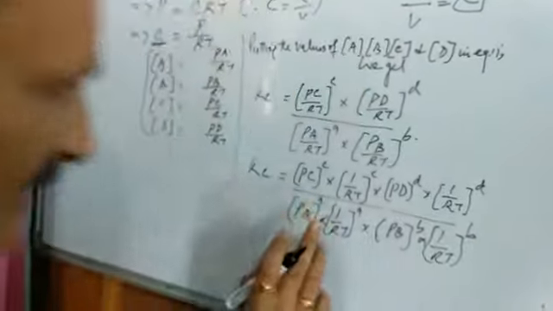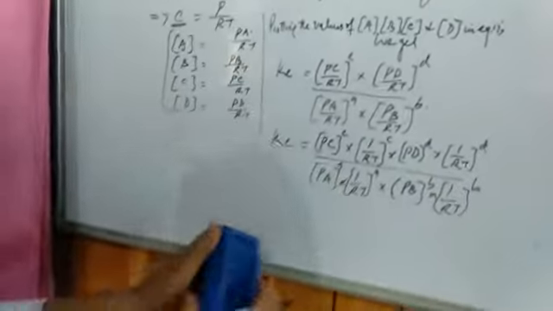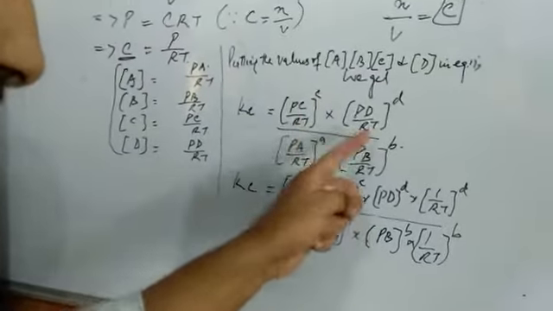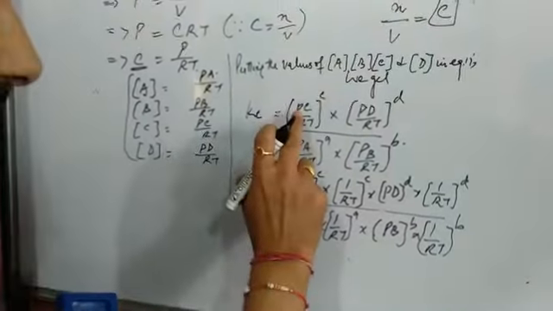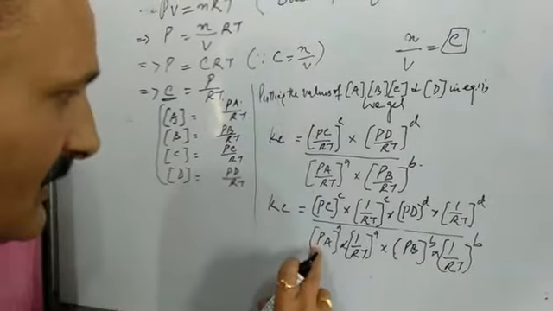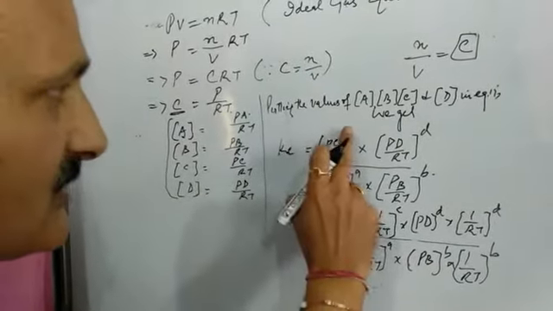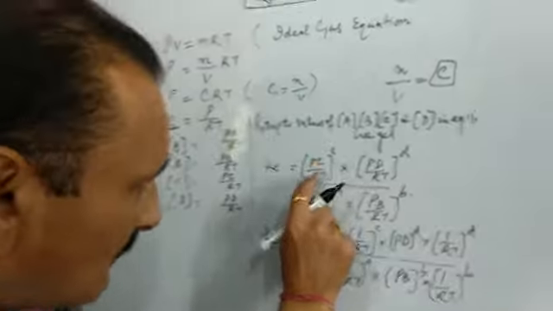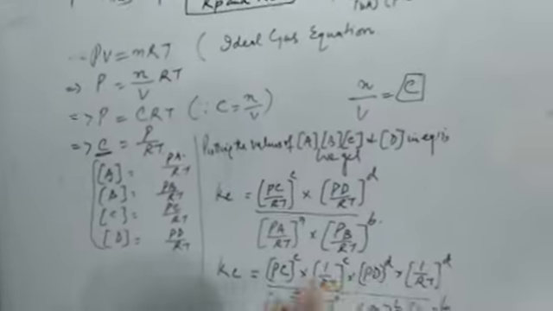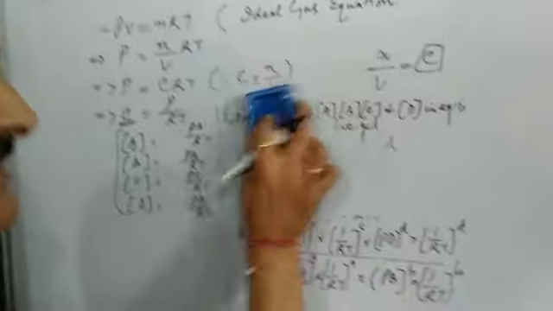So what we have done in this equation, we have just bifurcated each of these terms. For example, this term has been bifurcated as Pc raised to power c, and this is 1 by RT. We can further solve these equations like this.